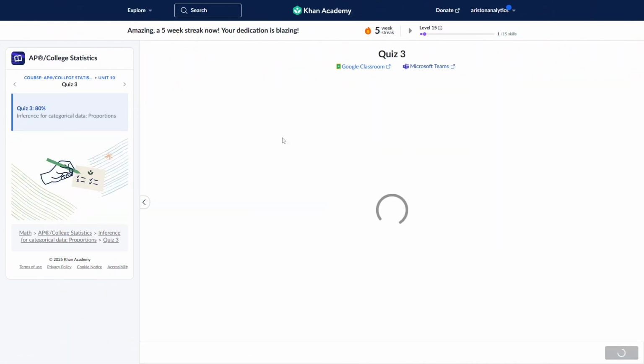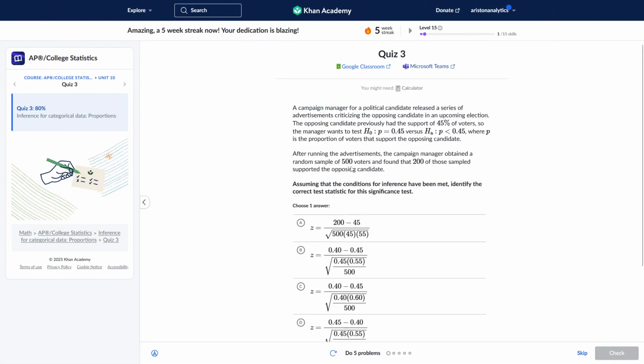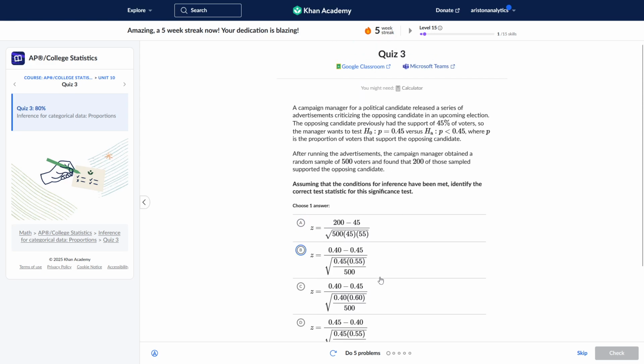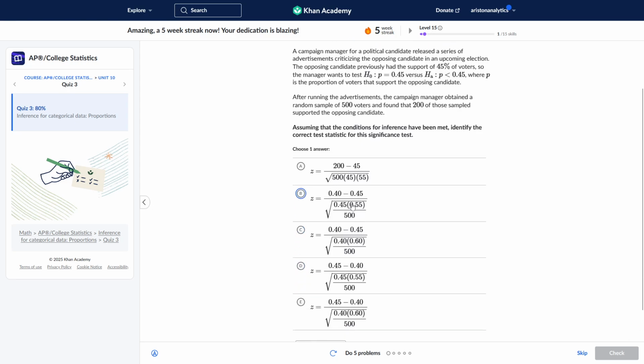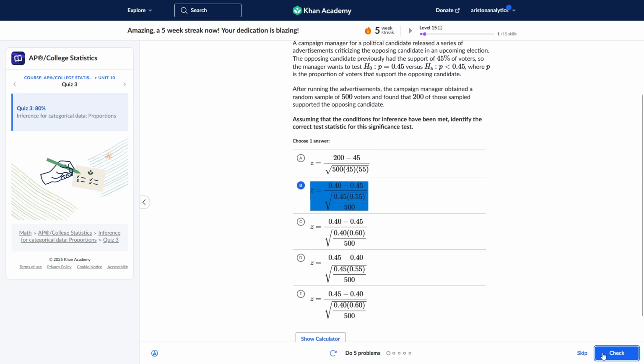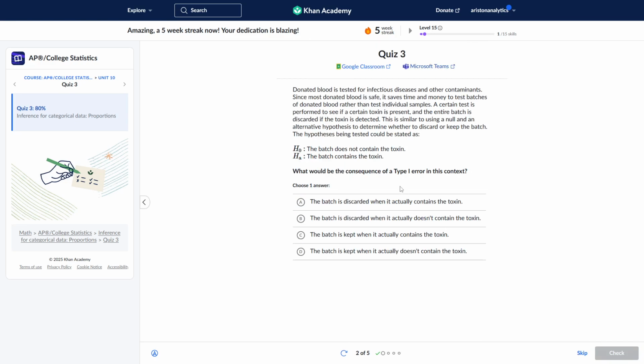Let's just do the quiz again. It's this one. Type 1 error, wrongly reject.